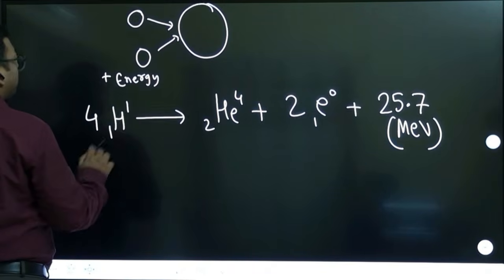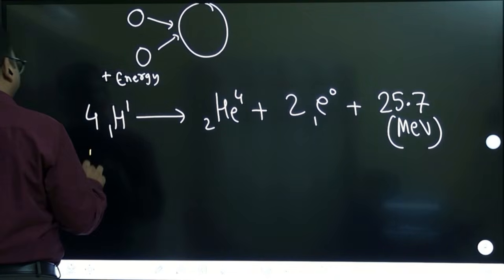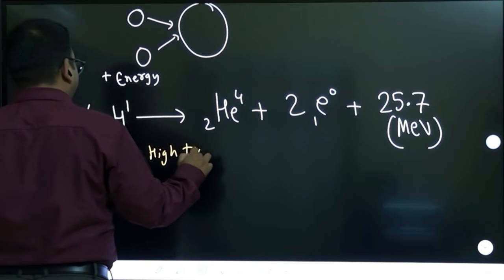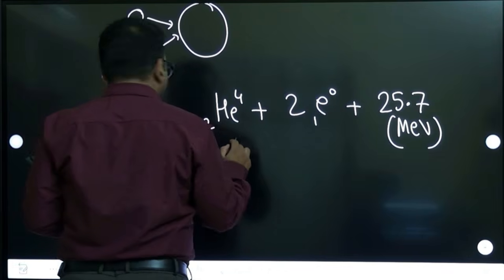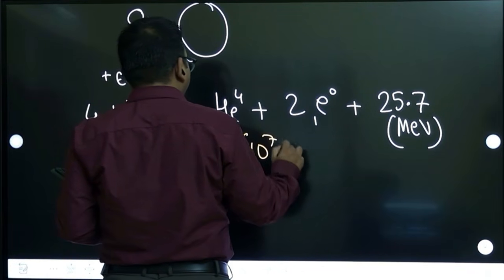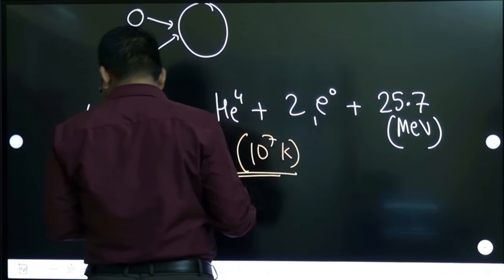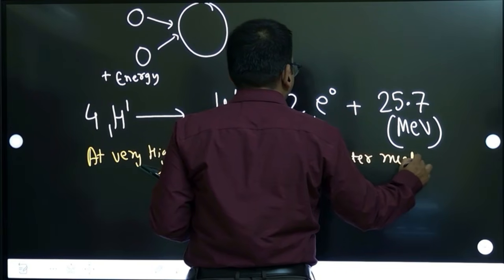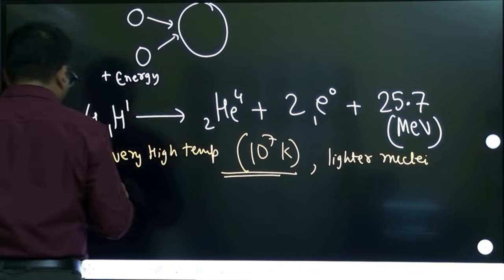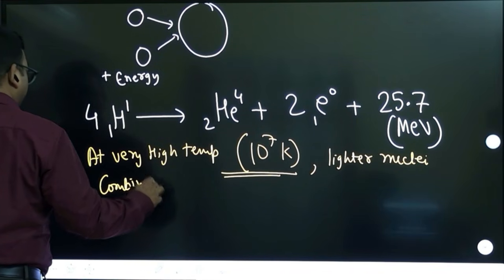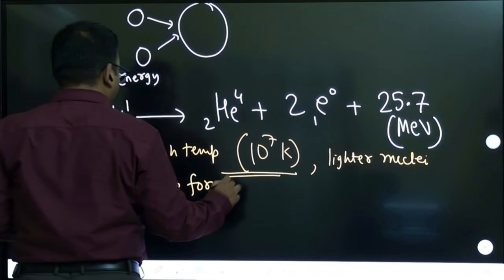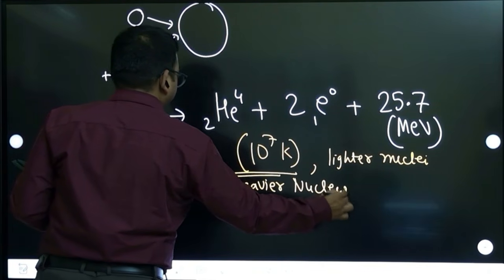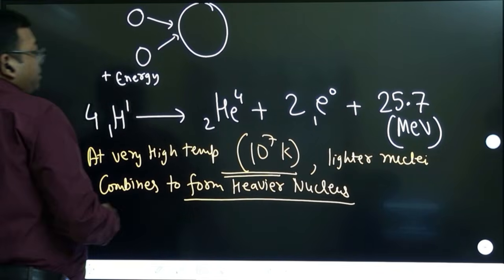This nuclear fusion reaction happens at very high temperature, which is nearly 10 to the power 7 Kelvin, where lighter nuclei combine to form a heavier nucleus. Why is this much temperature needed?